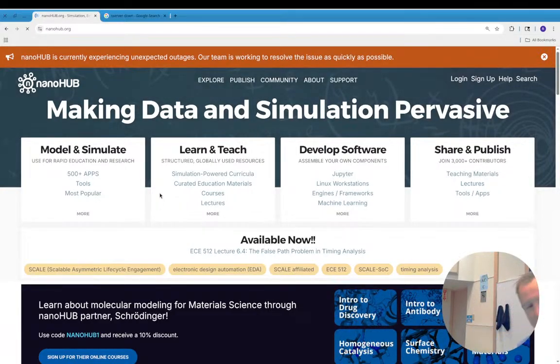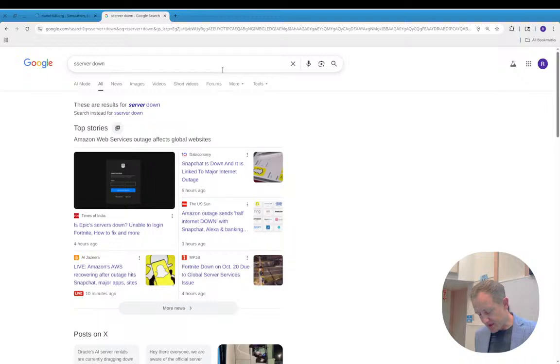It does look like there's a banner up at the top of NanoHub saying that there are unexpected outages. There is an Amazon Web Services outage. Again, I don't know if it's connected. I don't think so, but it's possible.